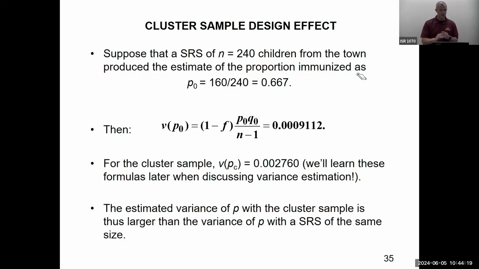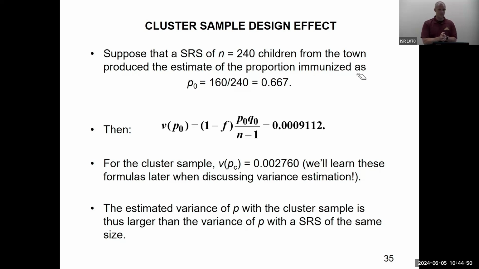For the cluster sample, we calculate the variability based on the variability in those proportions for the specific clusters, not based on the microdata. That variance is 0.0027. We're going to see what those formulas look like. But the inputs to that variance calculation are the cluster-specific proportions, not the microdata. That's the difference here. When we look at that variance, it's 3 times the size of the SRS variance.